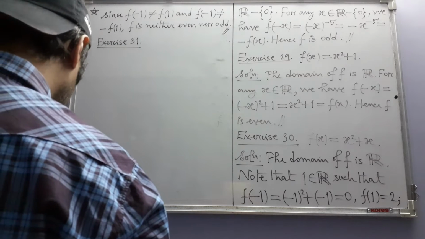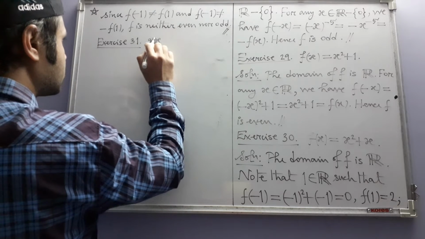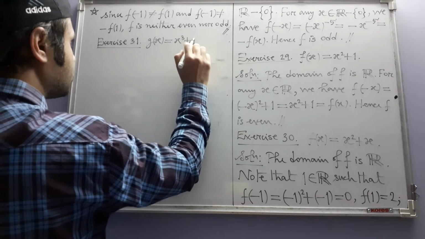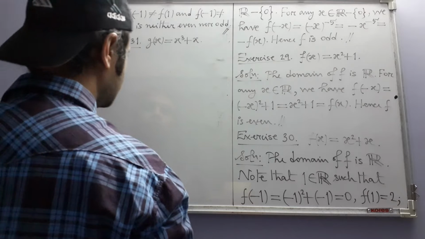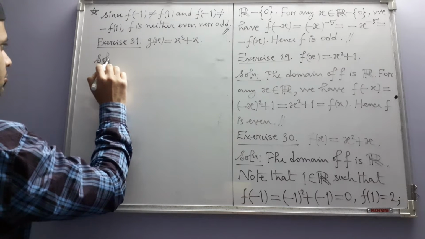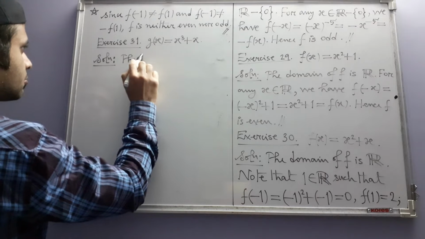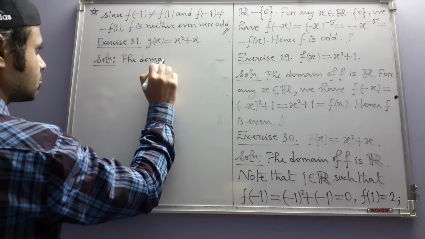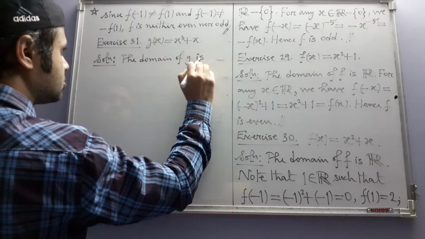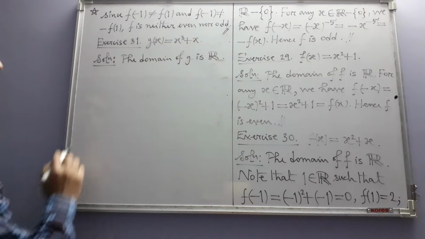Then 31. g of x equal to x cube plus x. This will be odd. The domain of g, or the natural domain of g, is the entire set of real numbers.